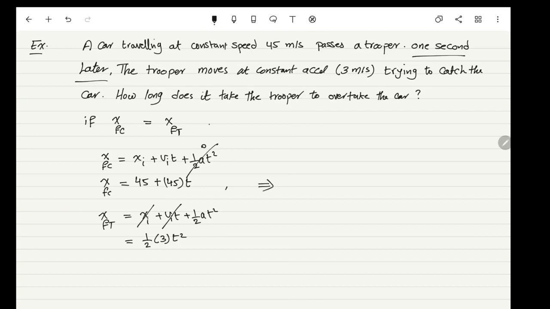Now when the car's final position is the same as the trooper's final position, they will catch up with each other. In this case, 45 plus 45 t equals half times 3 t squared.